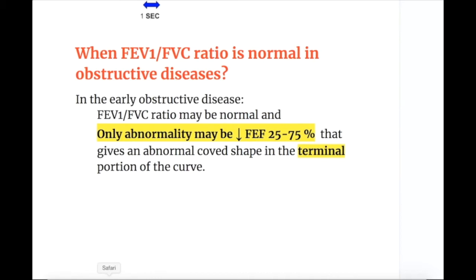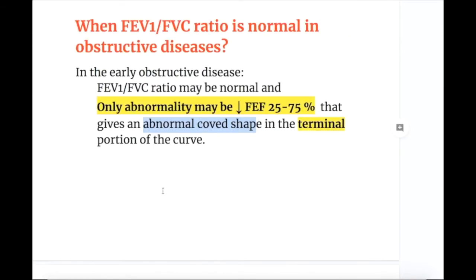In early obstructive disease, FEV1 to FVC may be normal and the only abnormality may be decreased FEF 25 to 75%. That gives an abnormal coved shape in the terminal portion of the curve. So in the early stage, the only abnormality is an abnormal FEF 25 to 75% in the terminal curve.